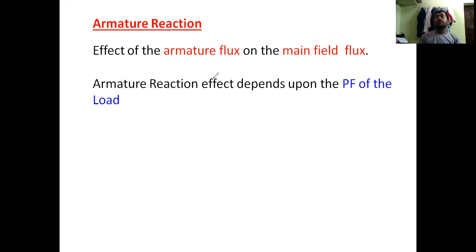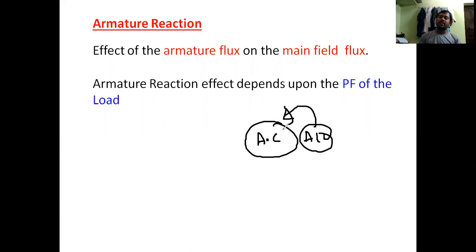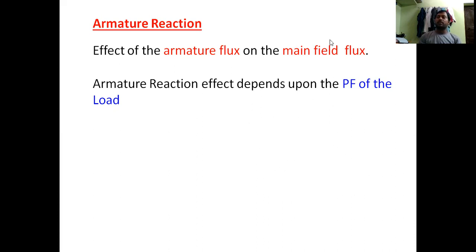But in the case of a synchronous machine, it is an AC alternator, nothing but an AC generator. Inductors and capacitors are affected by the AC supply. That's why the power factor comes into the picture, and the armature effect depends on the power factor.